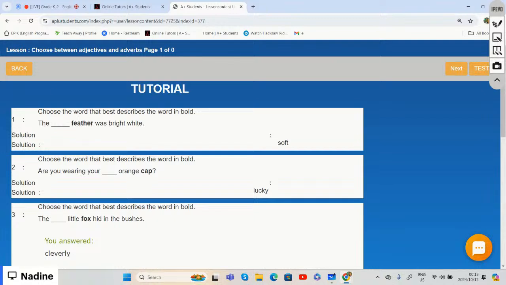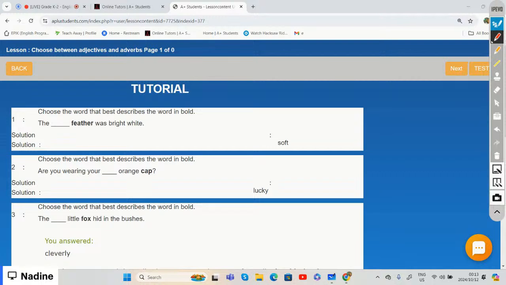Here it says we need to choose the word that best describes the word in bold. Feather. So we need to choose a word that best describes feather, right? It says the feather was bright white. Do we say the soft feather or the soft leaf feather?